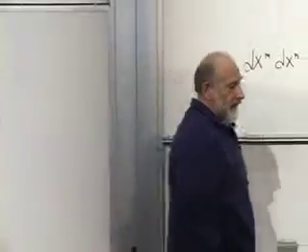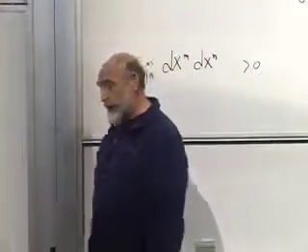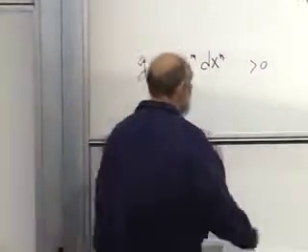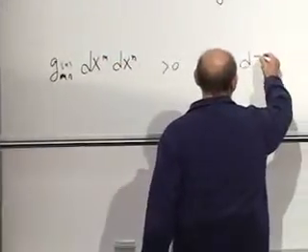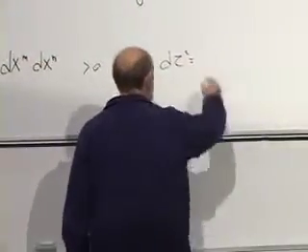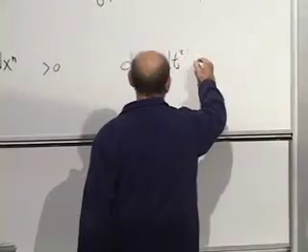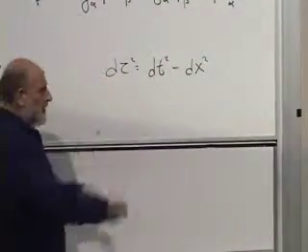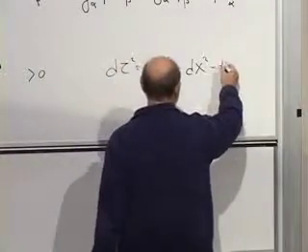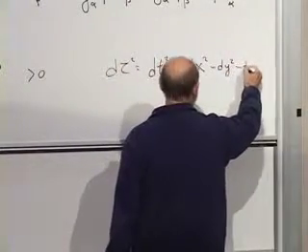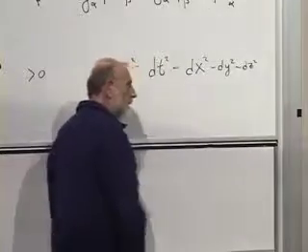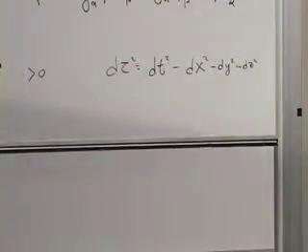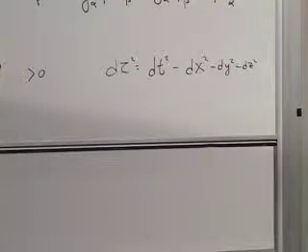Now, in relativity, let's go back to special relativity. In special relativity, d tau squared is equal to dt squared minus dx squared minus dy squared minus dz squared. Now, if I want to put in the speed of light, I can do it in one of two ways.